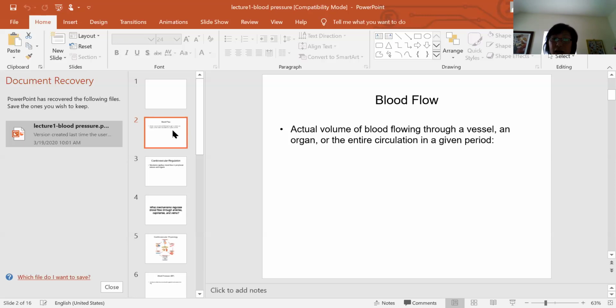So we can use the cardiac output as blood flow in 1 minute through the systemic circulation. In that case, we can say blood flow equals the cardiac output.